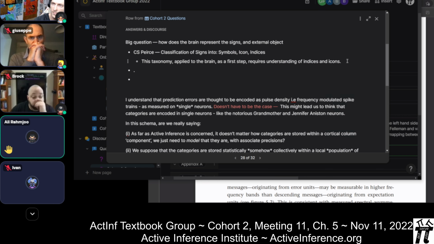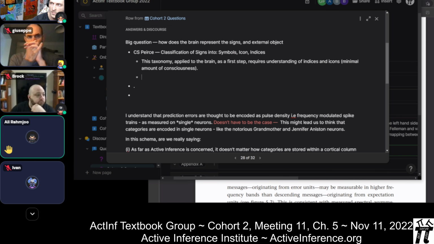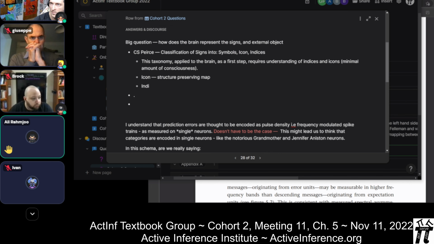So the difference between indices and icons is that icons are a kind of structure preserving maps, and in indices we have a kind of causal relationship between the signs and their reference.